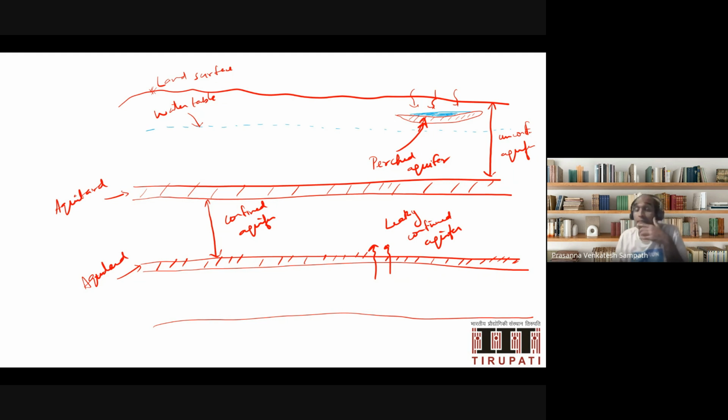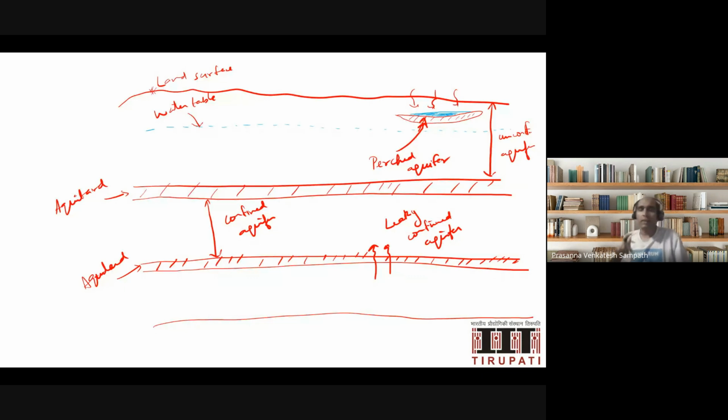The rest of the locations around this little clay layer, the water table is below that, right? So I create this due to this geological occurrence of a clay layer above the water table, which traps some water above it.